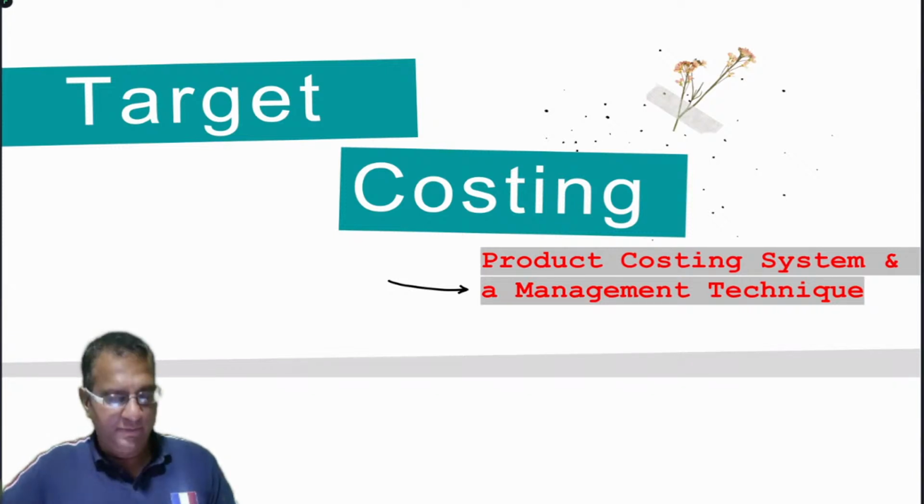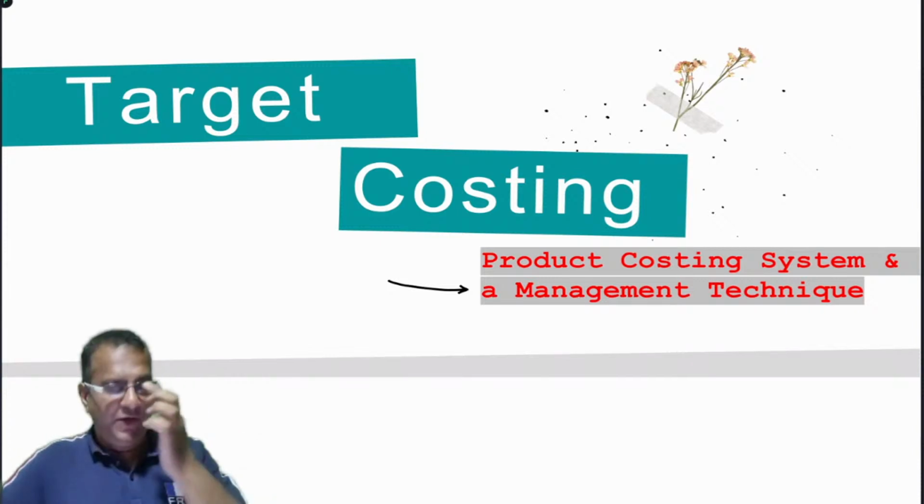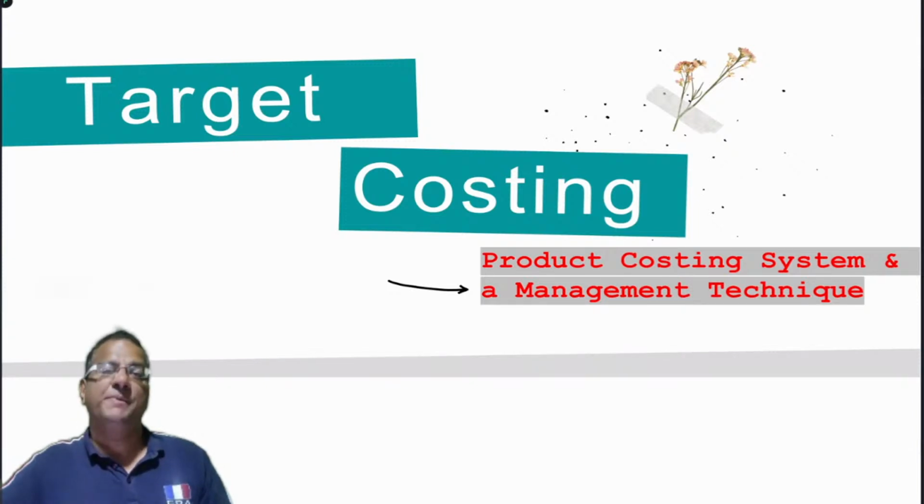Write down the third point. In a non-competitive environment, the company is a price setter. Write down in inverted commas, price setter.